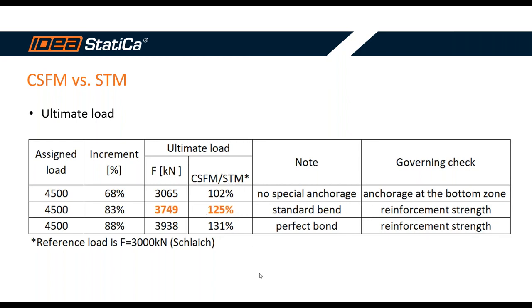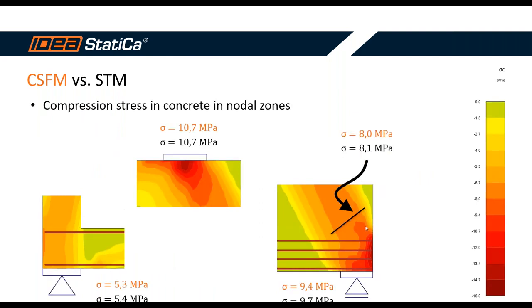Then I did another study and tried to model perfect bond, and we got obviously higher, but the value is not so far away in this case. And one important fact at the end: the governing check in the first example was anchorage at the bottom zone.